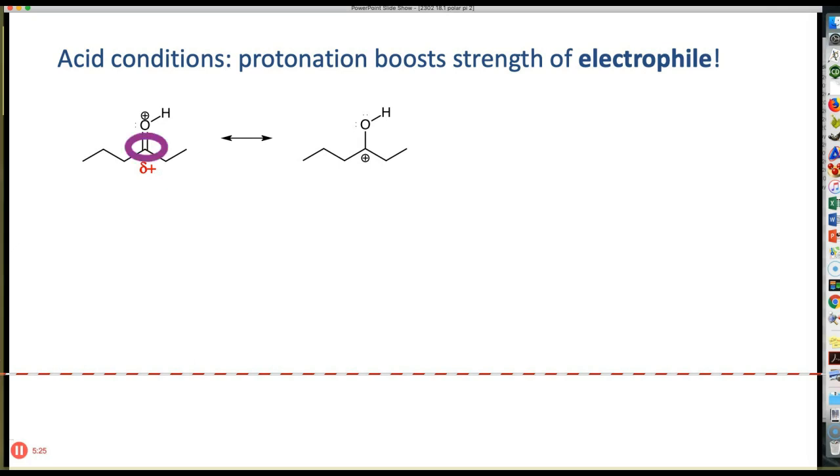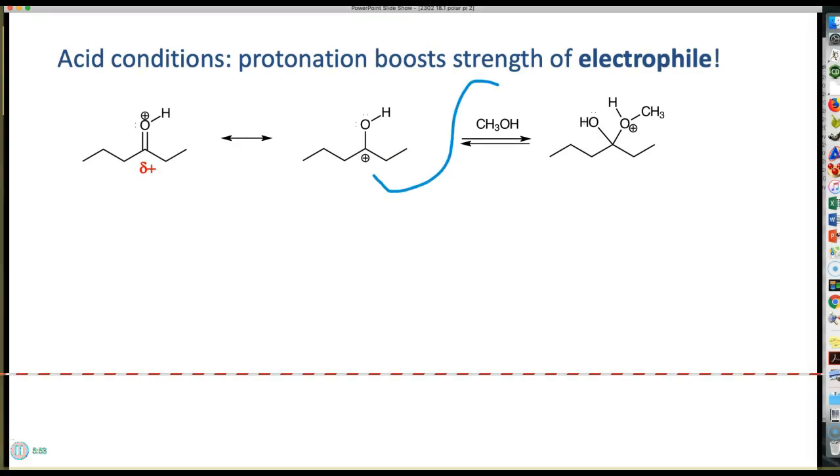I've got a delta positive there that is really accentuated by the fact that you have a full-fledged positive charge on that oxygen. In fact, you can draw a very good resonance contributor right here that shows that positive charge can be put on that carbon. That definitely makes the subsequent addition of a nucleophile much faster.